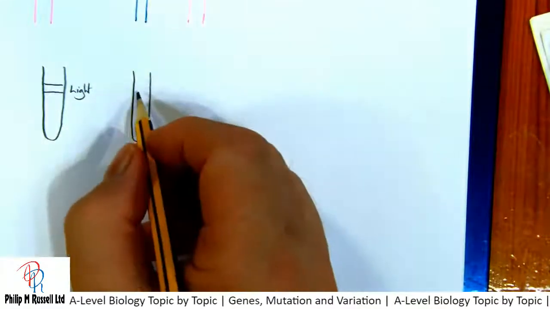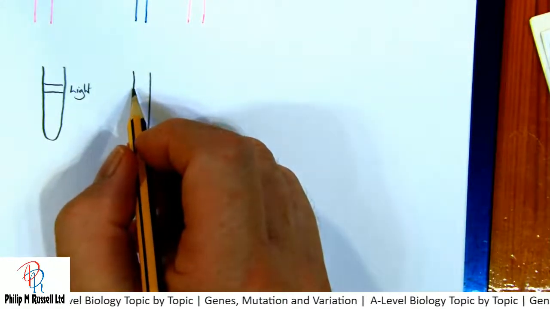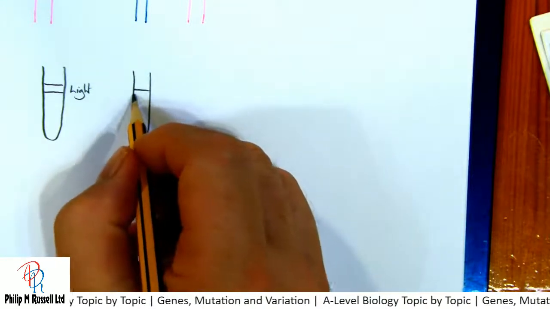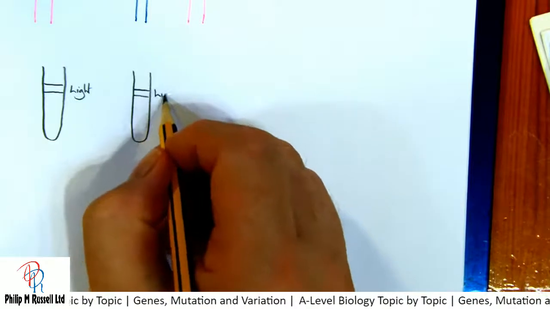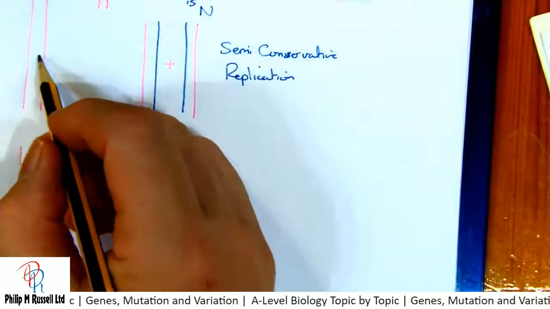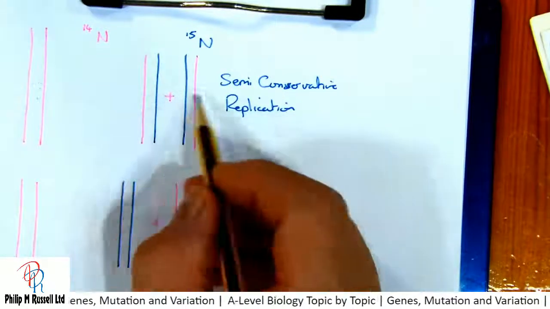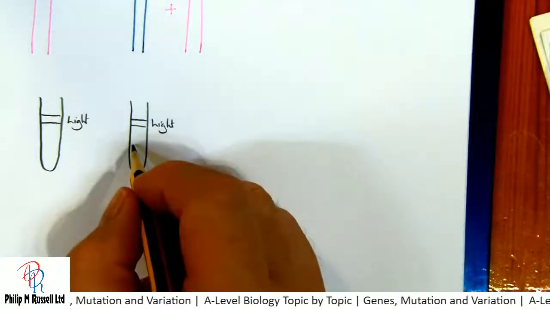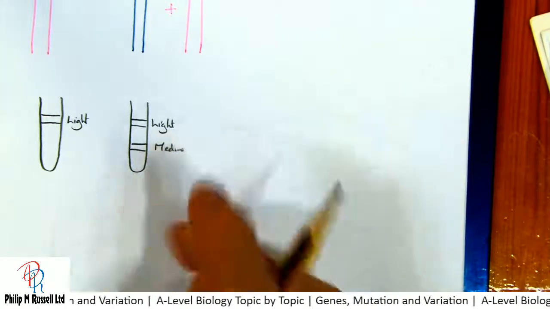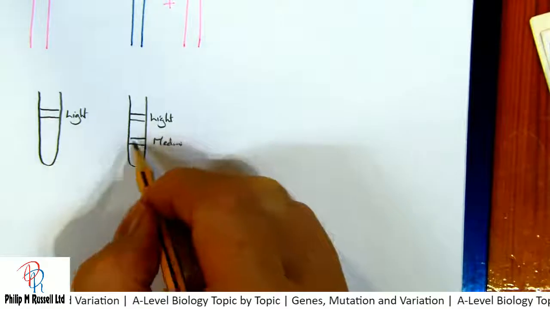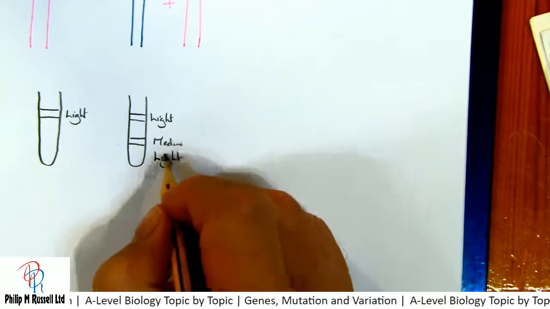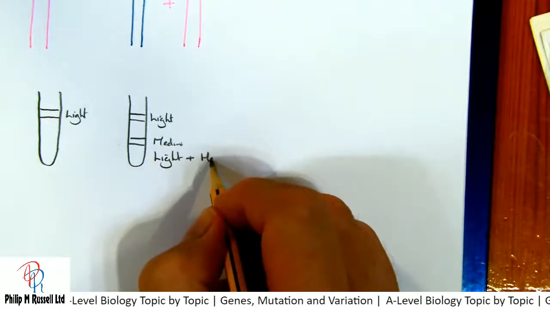the heavier nitrogen, what they expected to find was the light strand, which would come from this one that was still available, plus these two, which would be a medium strand, a medium weight, because these are made up from one light plus one heavy.